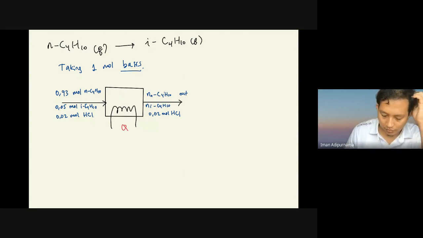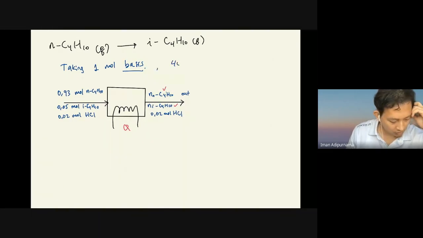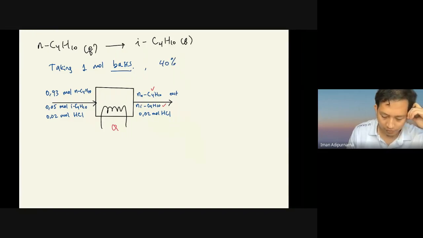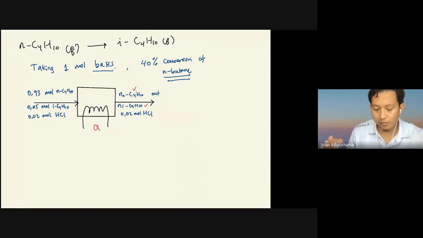So you need to first check these two. How to check the mole? Oh, I forgot to write 40% conversion of n-butane, right? Meaning the butane will be converted 0.4 times.